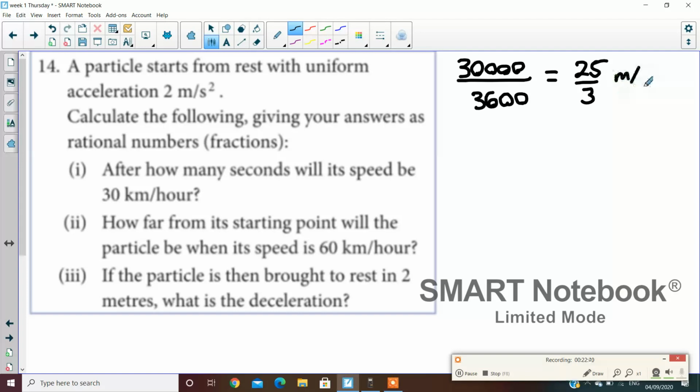25/3 meters per second. Okay, we're going to UVAST this situation. We start from rest, which is 0. We end up with 25/3. Our a value we know is 2. Then we're after the t value, so we're going to use v equals u plus at.